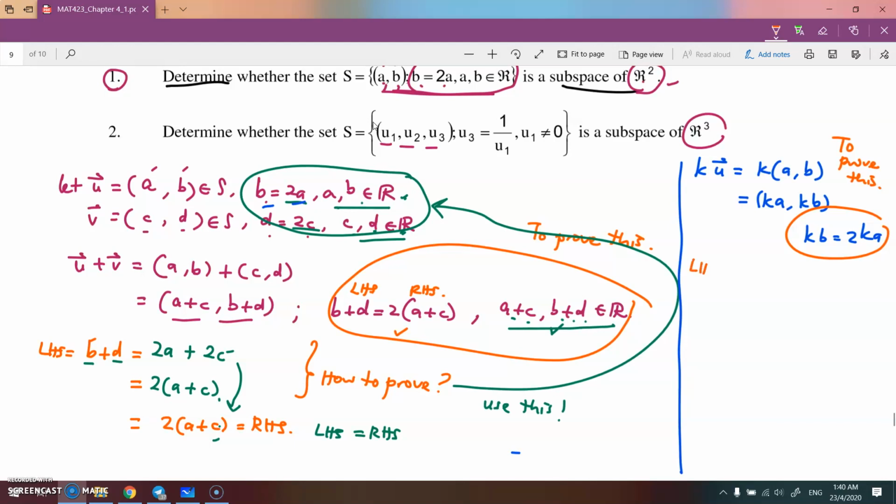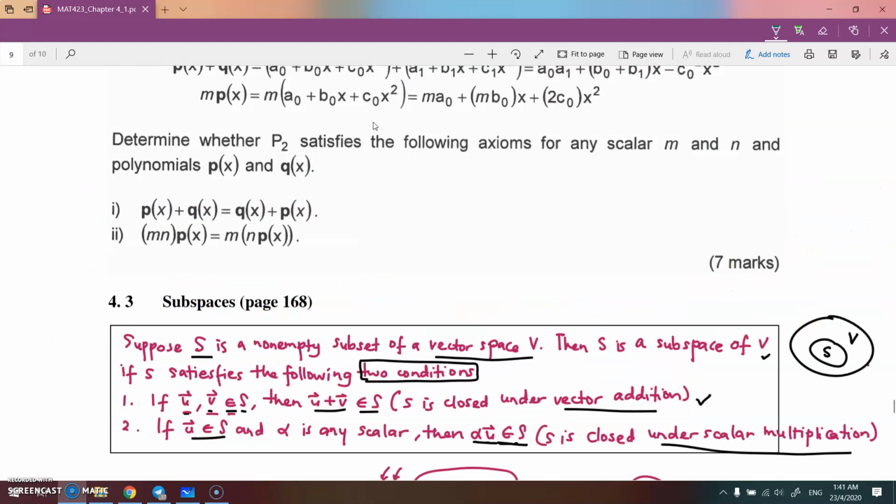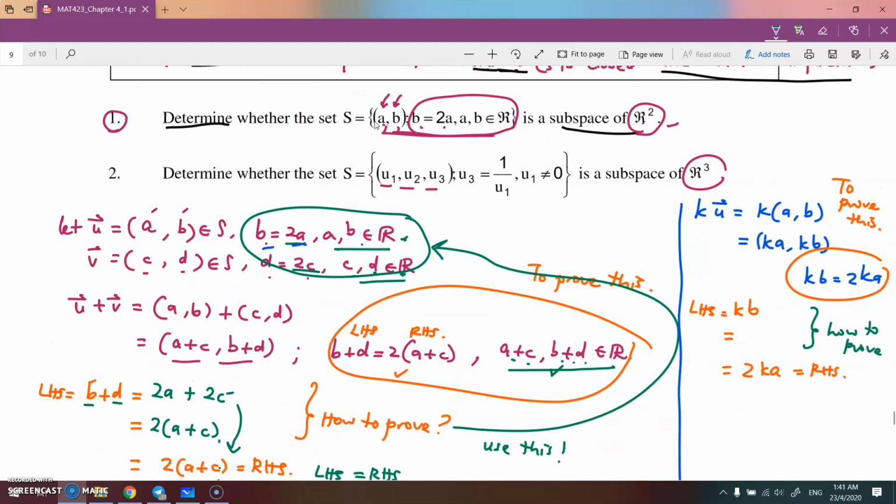So the left hand side is kB. Now you have to prove until you get to 2kA, which is the right hand side. Again, how do you want to prove this? Go back to U. So k is a scalar, and B is 2A.